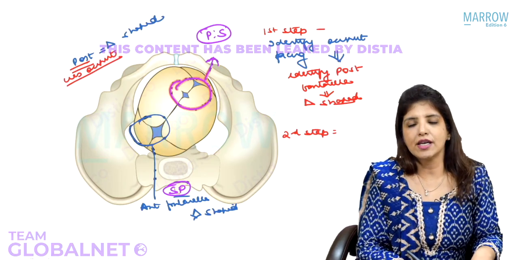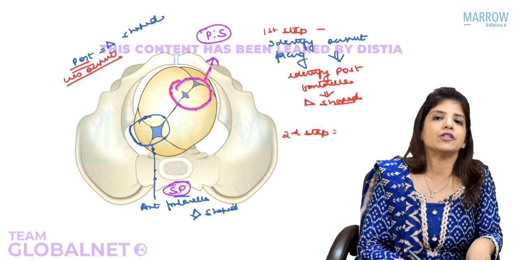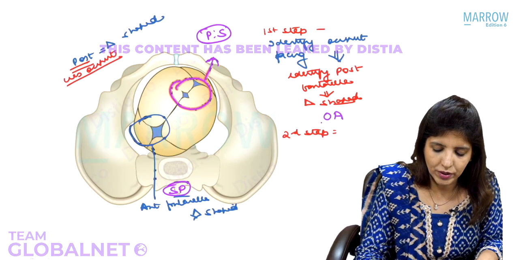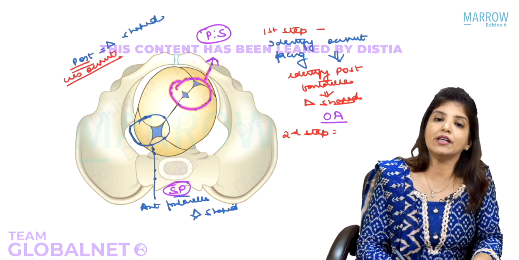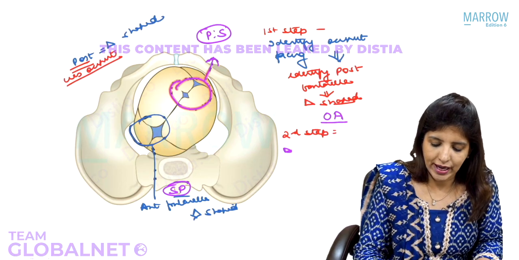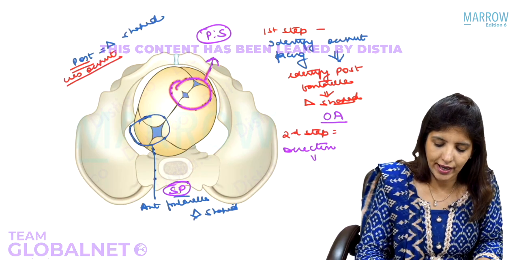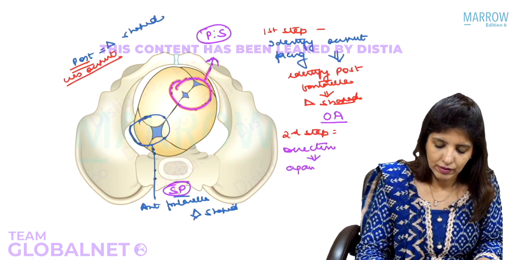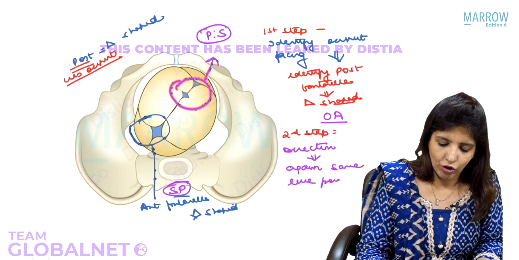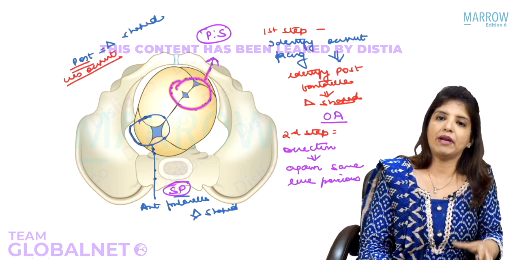So the posterior fontanelle is facing anteriorly. This means I am dealing with occipito-anterior positions, right? Now, the second step is direction, and the rule is the same as previous.